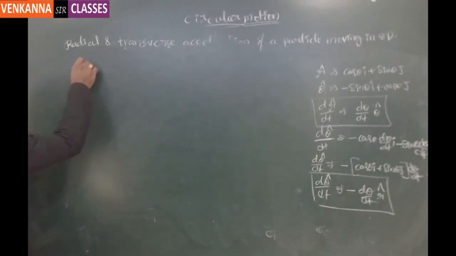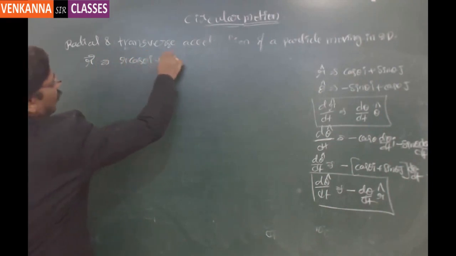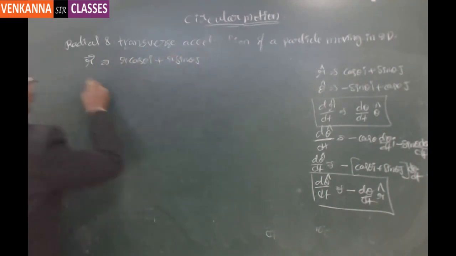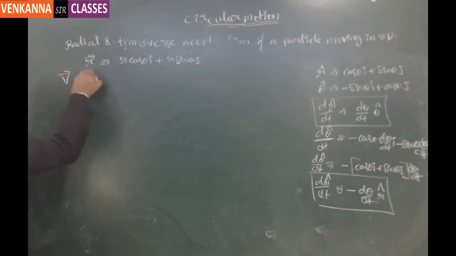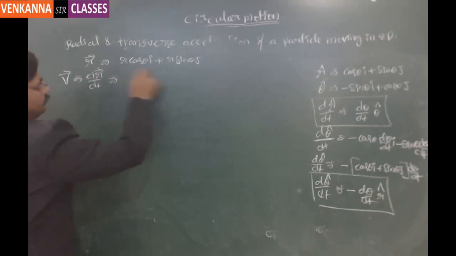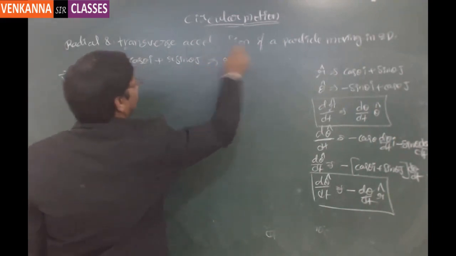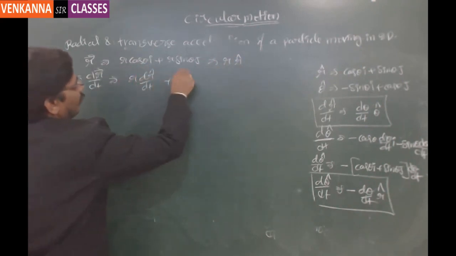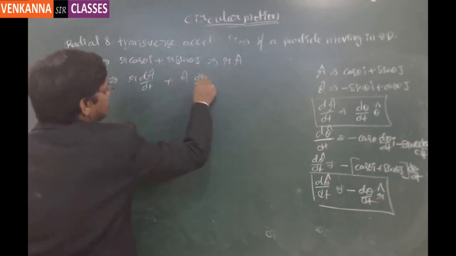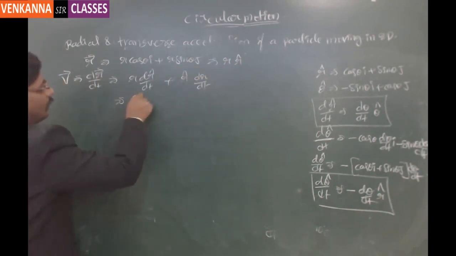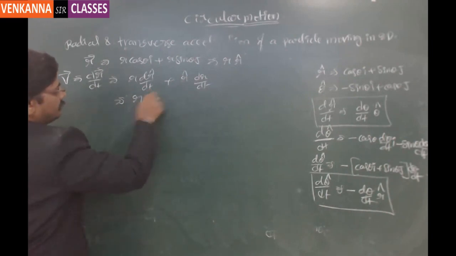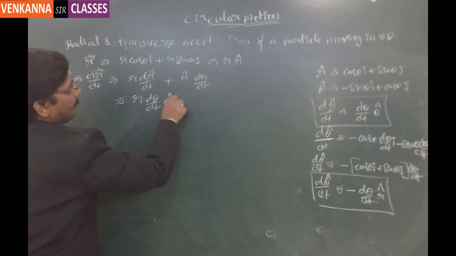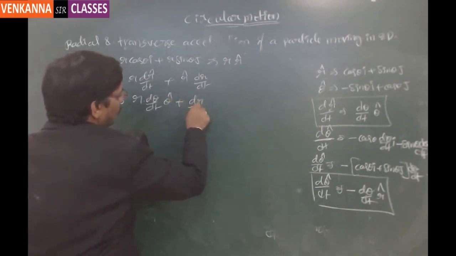So position vector r is r cos theta i plus r sin theta j, and velocity vector is equal to dr by dt, which is equal to r into dr cap by dt plus r cap into dr by dt, and this can be written as r into d theta by dt into theta cap plus dr by dt into r cap.